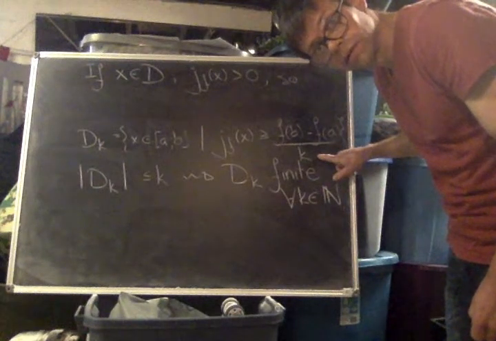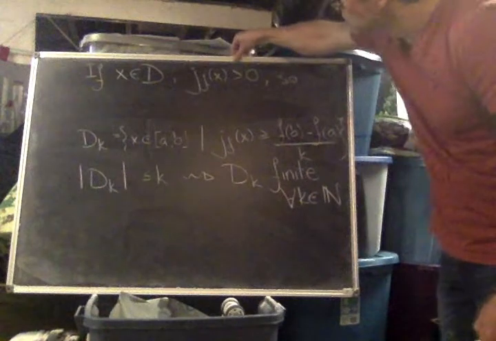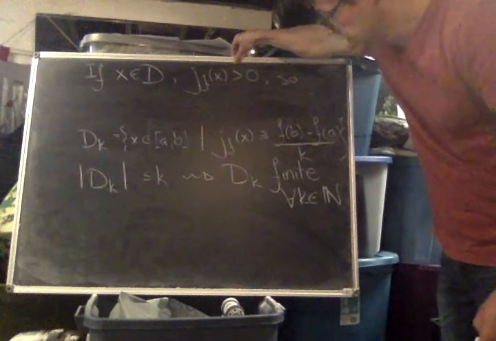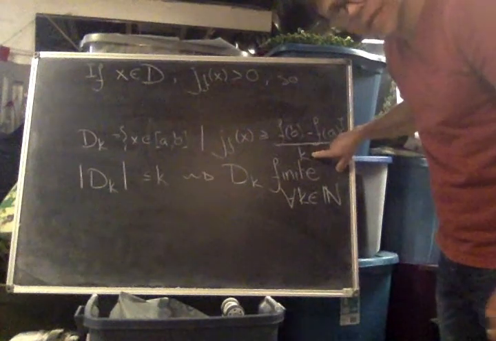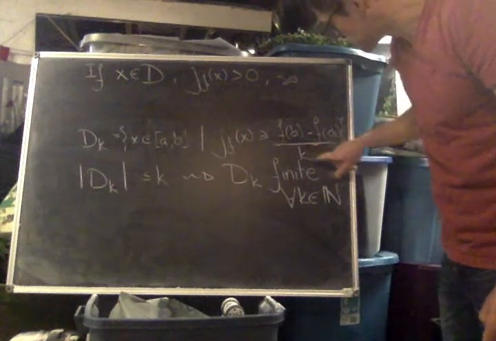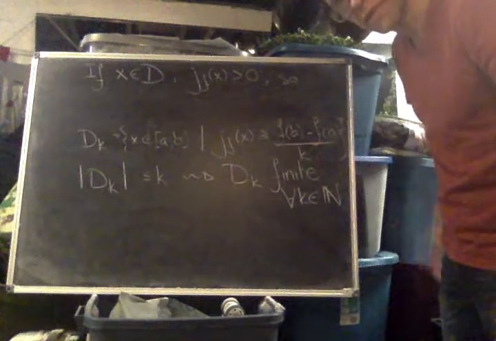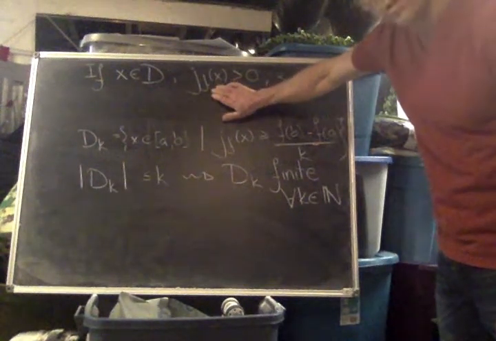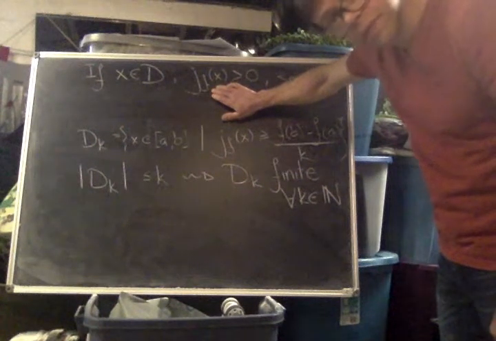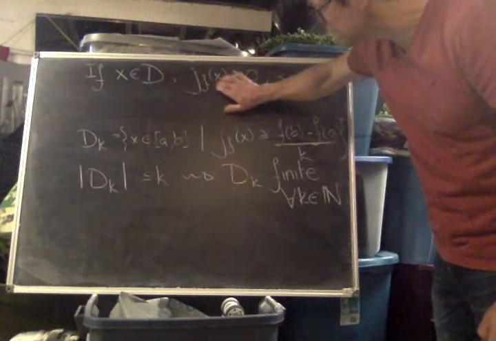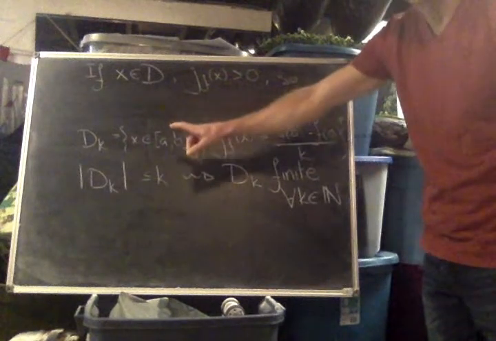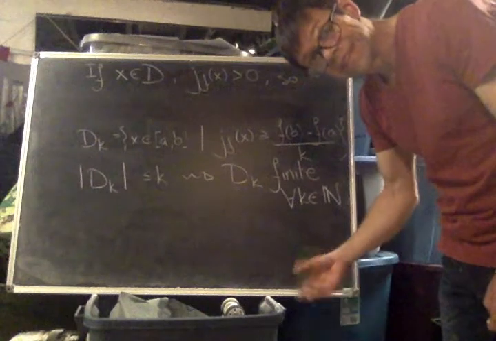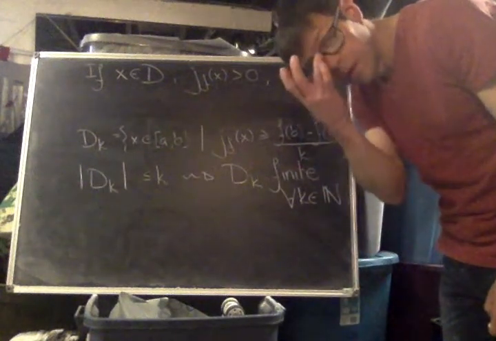In particular, given any number bigger than 0, like this guy, j_f of x, I can find a sufficiently big k such that this quantity here, f(b) minus f(a) over k, is strictly less than j_f of x. And what that means is that x then belongs to the set D_k for that particular value of k, and indeed hence for any larger value of k.